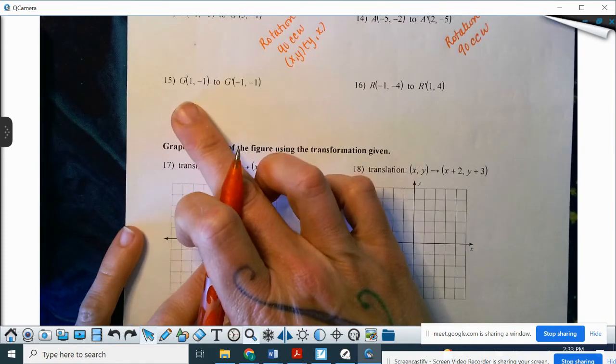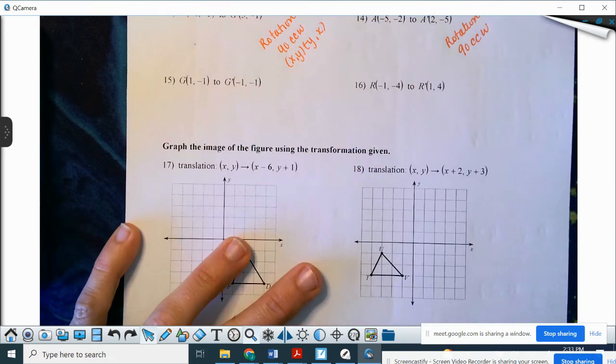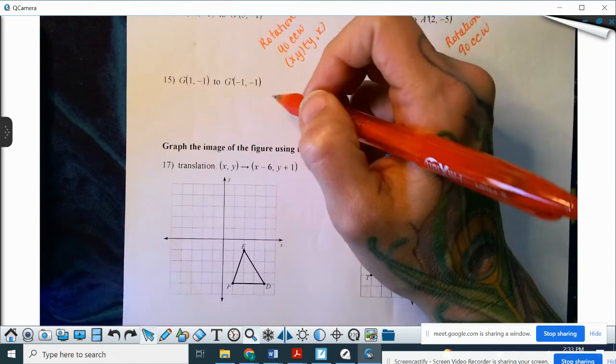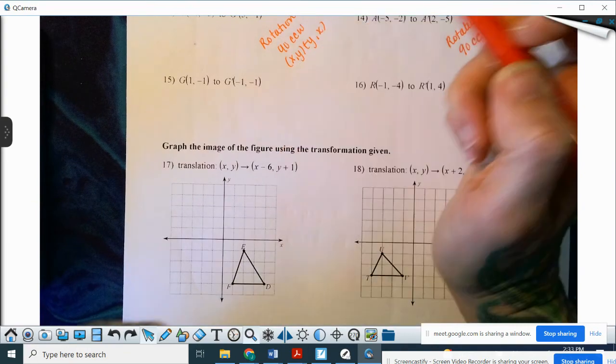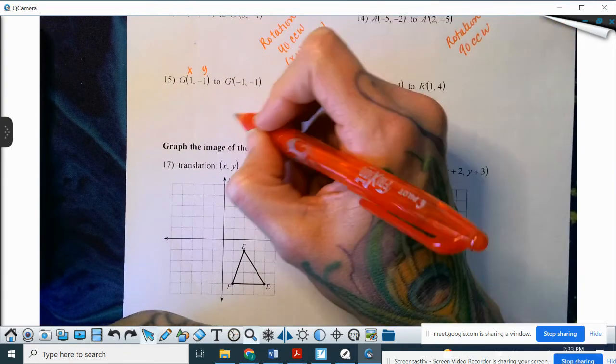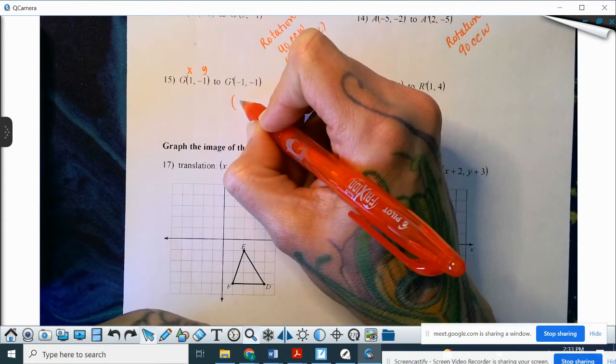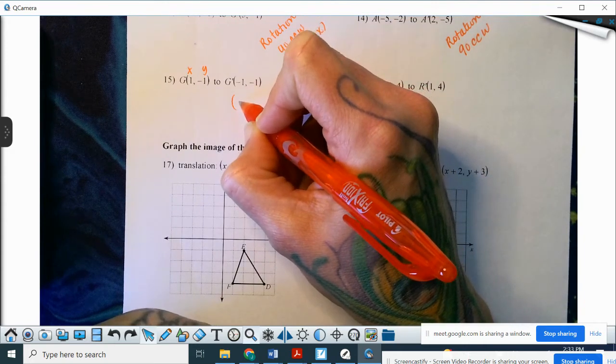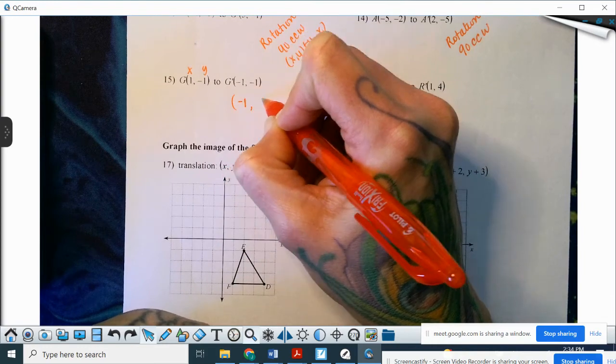Oh man, they all did it. Exact same thing. Sorry. So they flipped, it looks like. Oh no, and the x became negative this way. So this is (x, y). It became (y, x), and then we made it opposite.